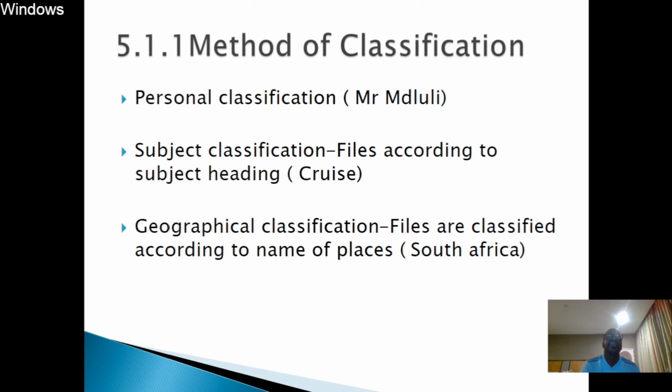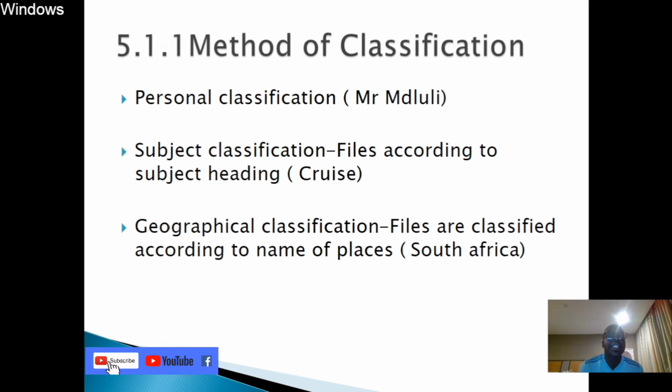When we talk about personal classification, we are talking about the information that is stored according to the name or surname of people. Subject classification is when files are stored or classified according to subject. Geographical classification, files are being filed or classified according to name of places.